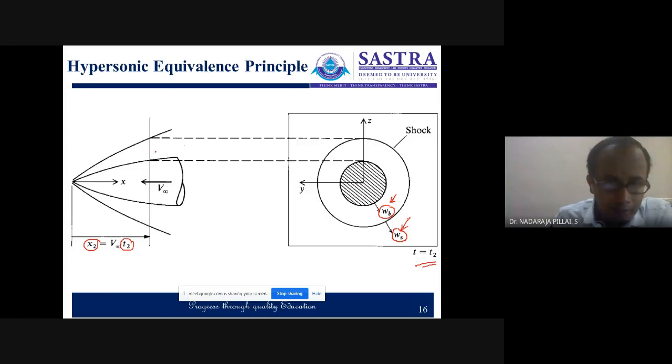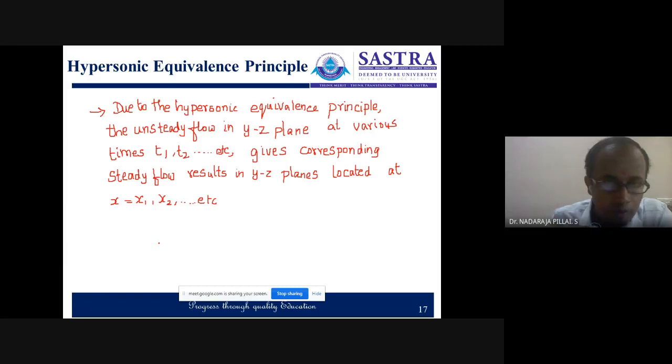And here in the left side, this shows the various x locations, x1, x2, x3, right? So hence we can conclude that the steady hypersonic flow over a body can be constructed from an unsteady flow in one less dimension, right?